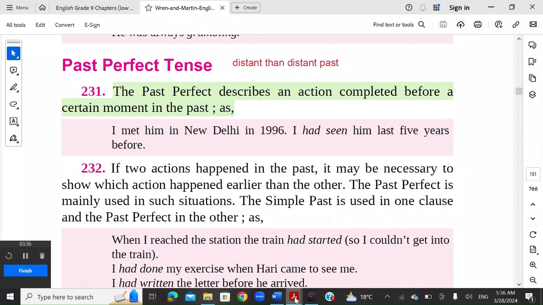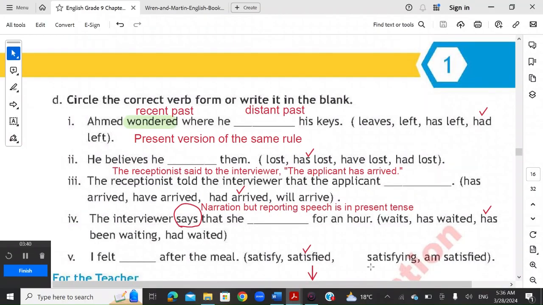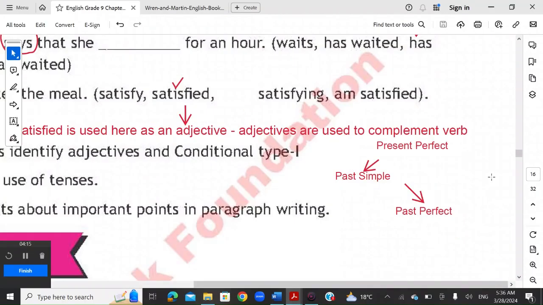Now just look at this part. If we talk about the recent past, we use present perfect tense. If the past is a distant one, then we use past simple tense. If it is a more distant past, then it would be past perfect tense. Now you will understand this with the help of examples.